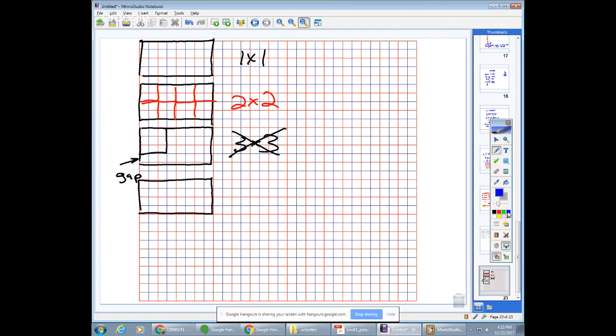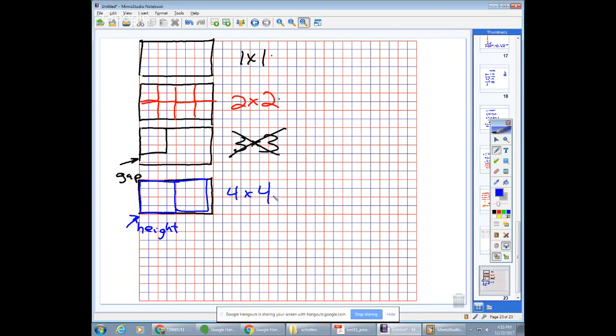Here's my first 4 by 4, and here's another 4 by 4. 4 by 4 worked. And I can't go any bigger than that because I've met my height here. So I'm done. I found a 1 by 1 square will tile this floor, a 2 by 2 square will tile this floor, and a 4 by 4 square will tile the floor.